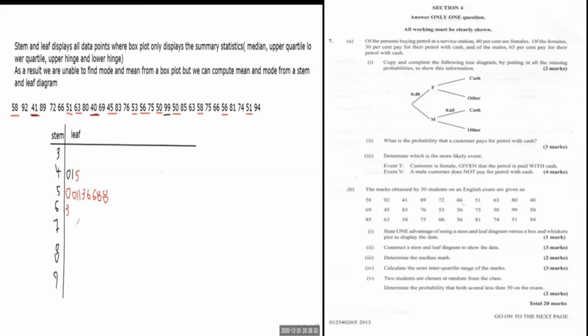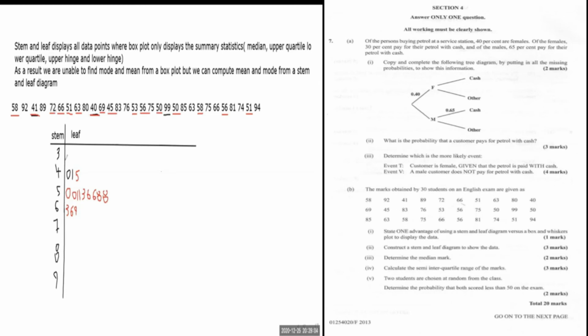I see a 66. And I see a 69. Going into the 70s.